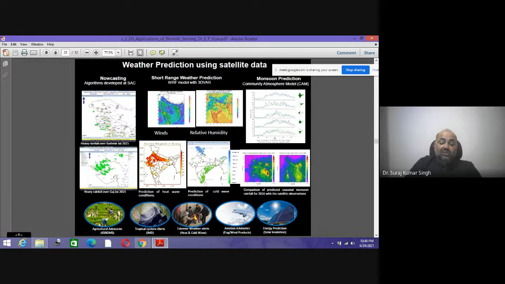Then various kinds of satellite cyclone atlases are prepared, and we are also using them for energy prediction, navigation, advisories and extreme weather alerts. So nowadays satellite images provide an ultimate solution to each and every problem.